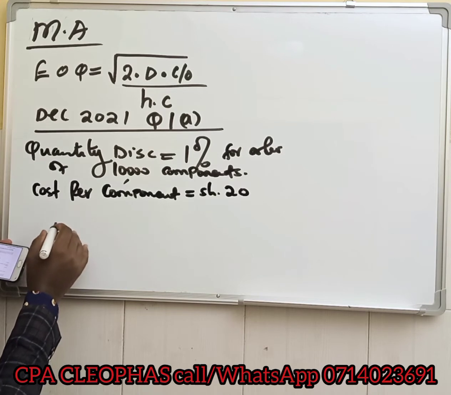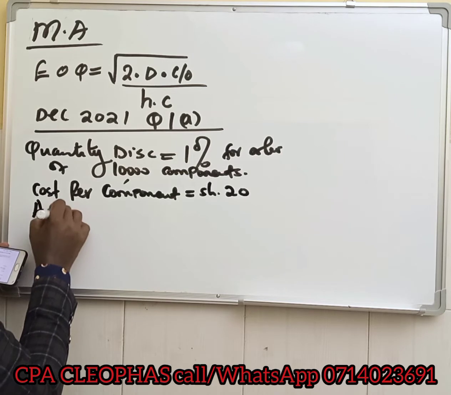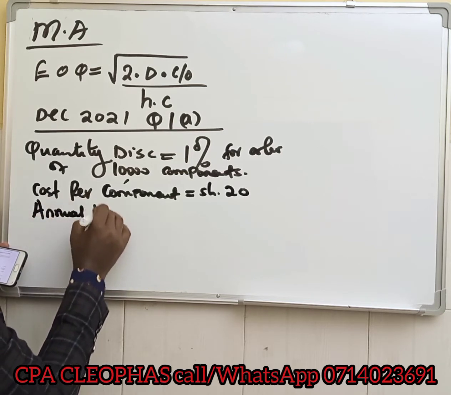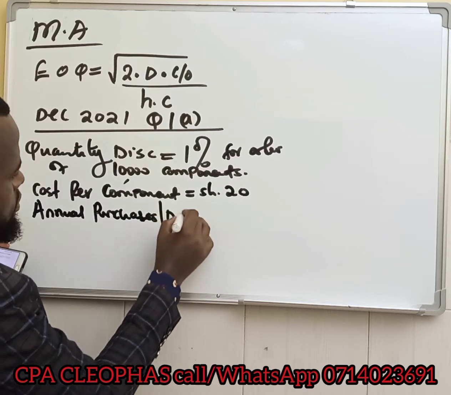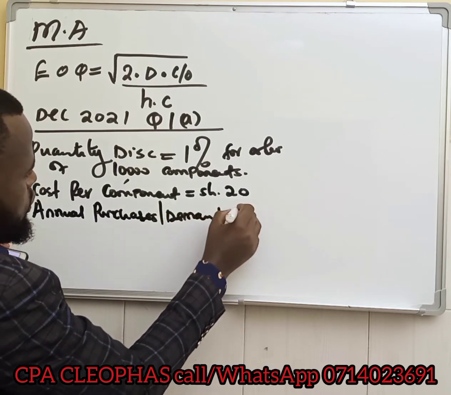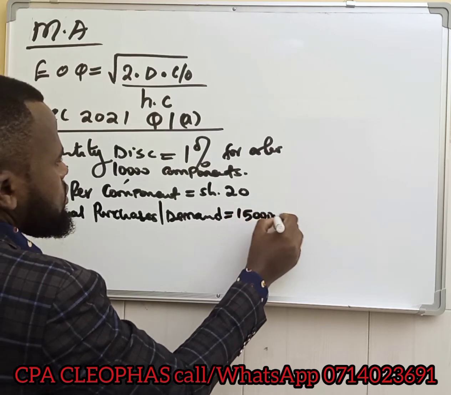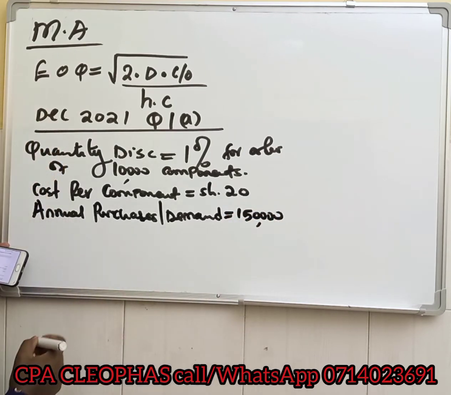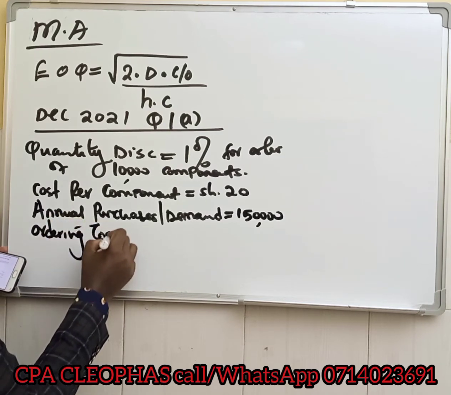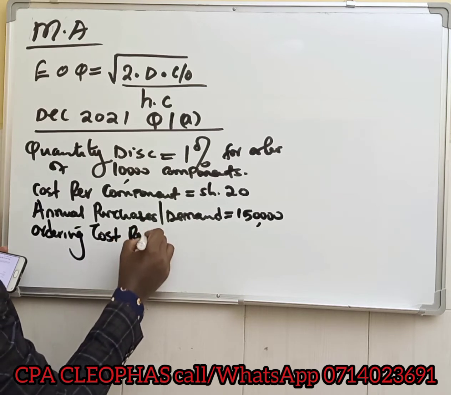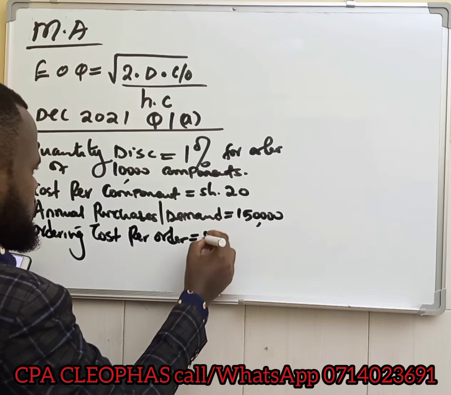Annual purchases, which is 150,000, that is the annual demand. So your annual purchases or demand is 150,000 components. Then we have ordering cost per order, which is equal to 360 shillings.